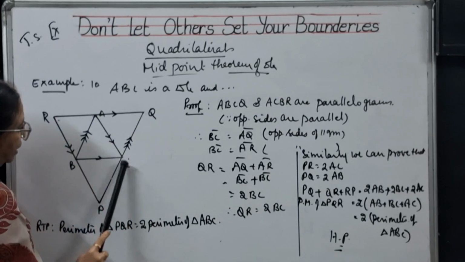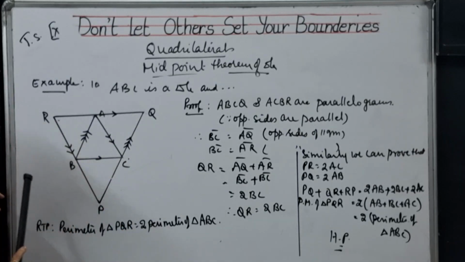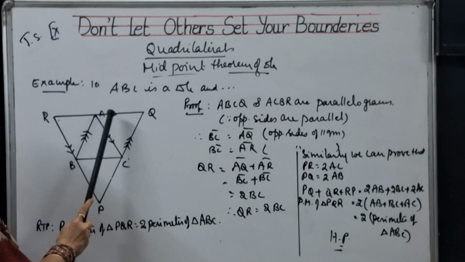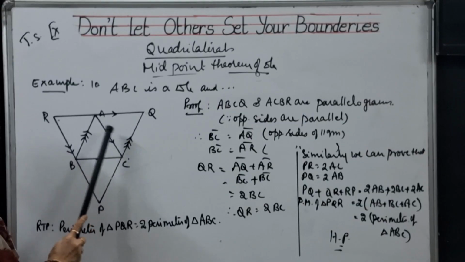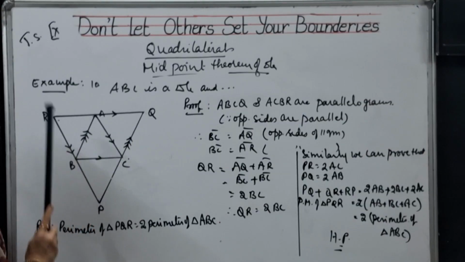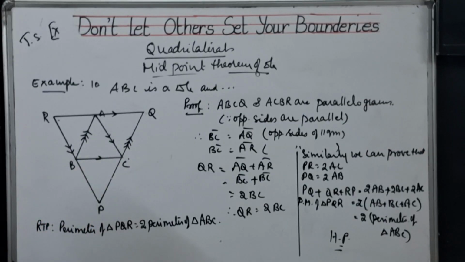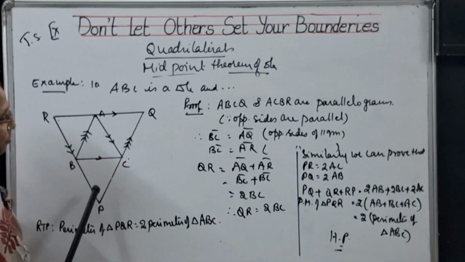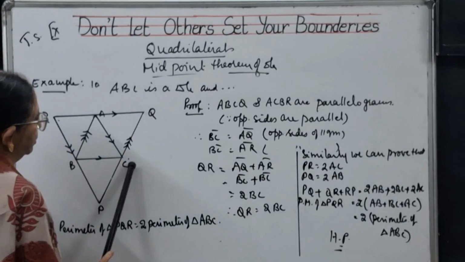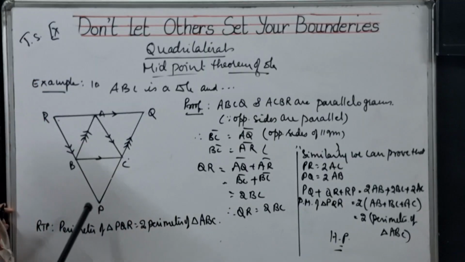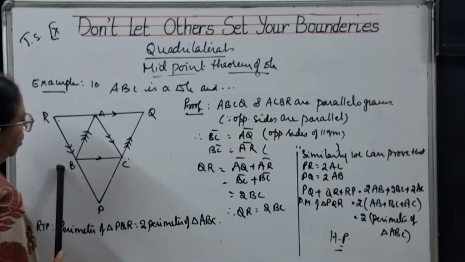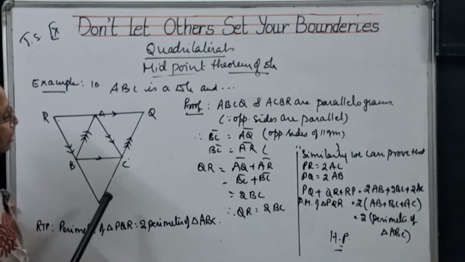ABCQ and ACBR are parallelograms because opposite sides are parallel. When they are parallelograms, BC is equal to AQ, opposite sides of a parallelogram, and also BC is equal to AR.